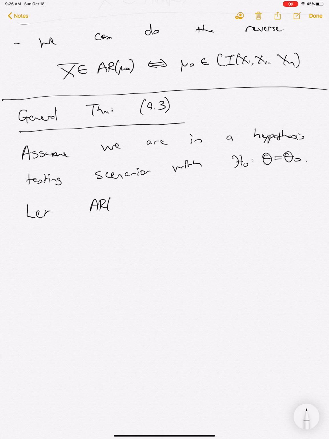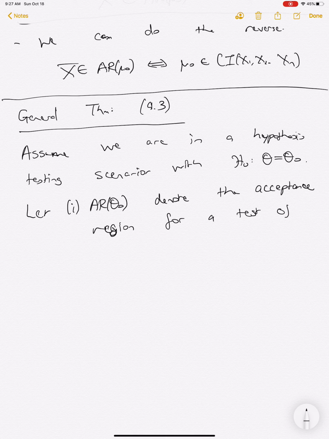We're going to let AR of theta 0 denote the acceptance region for a test of size alpha.